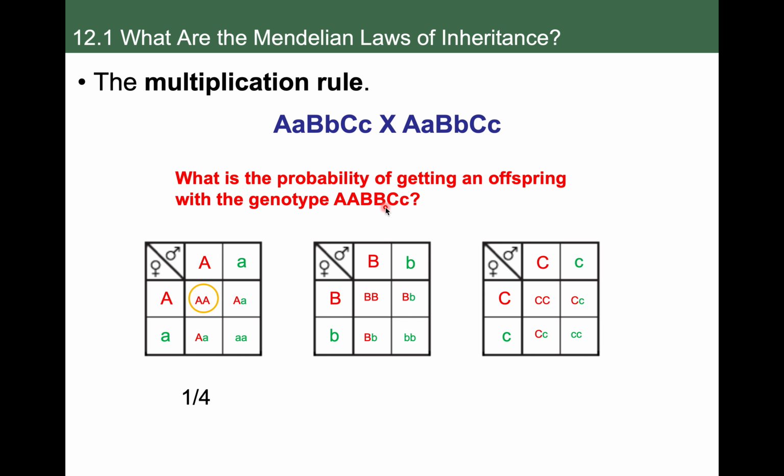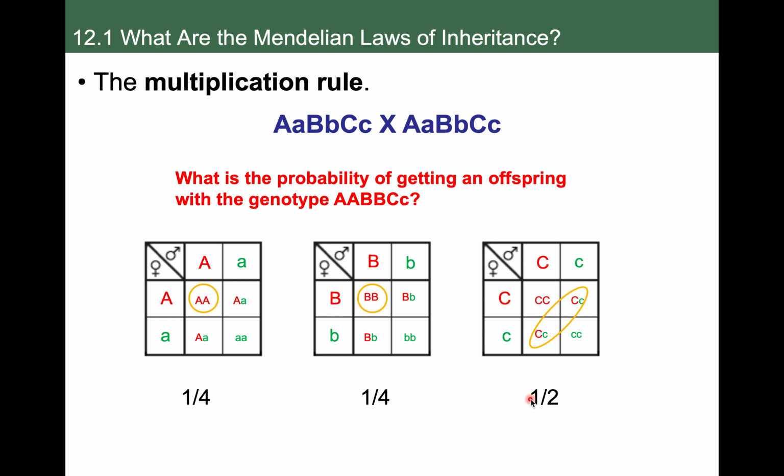Big B, big B is what you're being asked about, homozygous dominant. That's going to be the same scenario here, right? 1/4. And then you're being asked for the heterozygous big C, little c, which we've got 2 of those over here. So 2/4 of our offspring, or we could reduce that to 1/2, would be heterozygous.